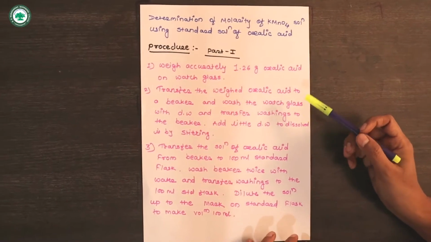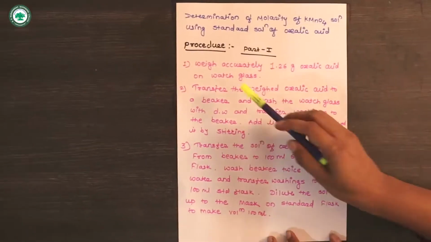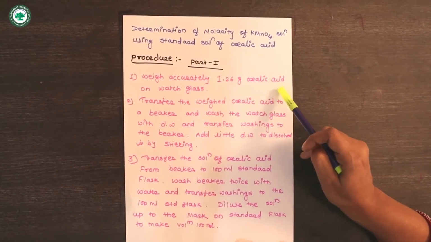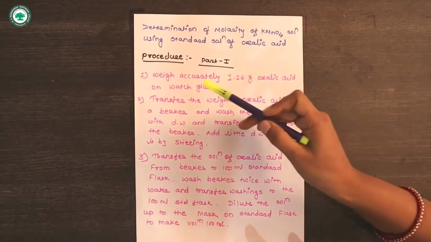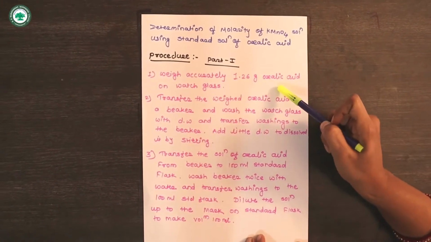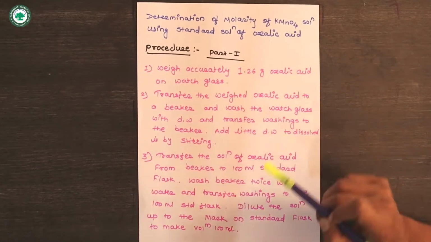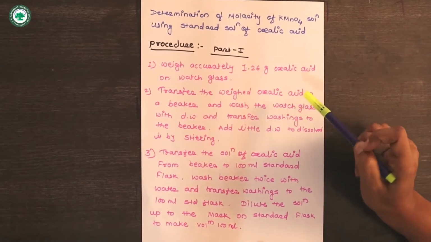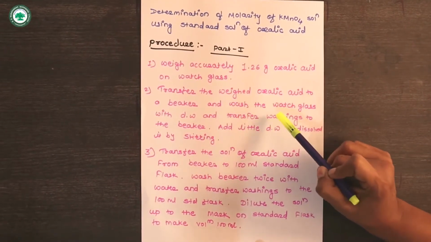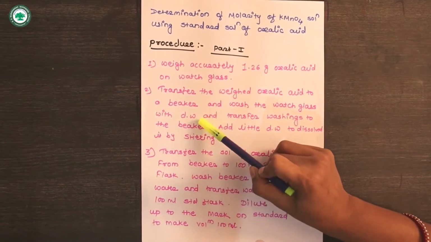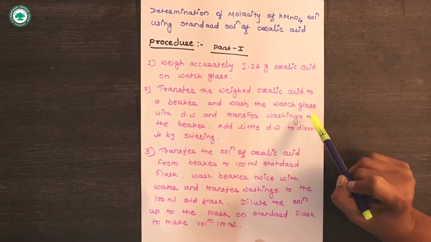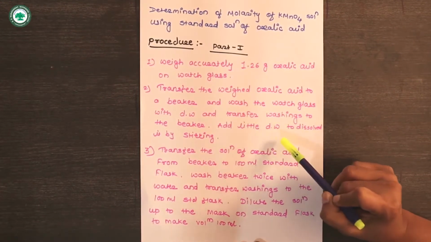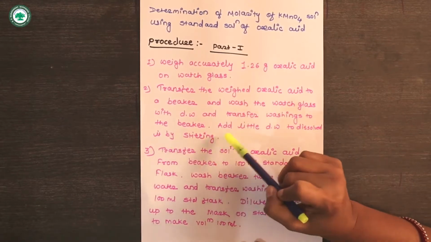The first part of this procedure is, firstly, weigh accurately 1.26 grams of oxalic acid on a watch glass, and then transfer the weighed oxalic acid to a beaker, wash the watch glass with distilled water, transfer the washing to the beaker, and add a little distilled water to dissolve it by stirring.